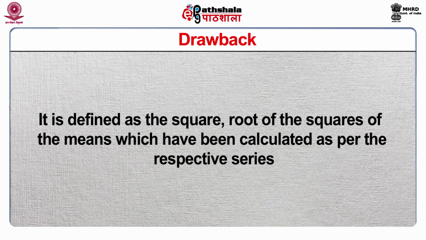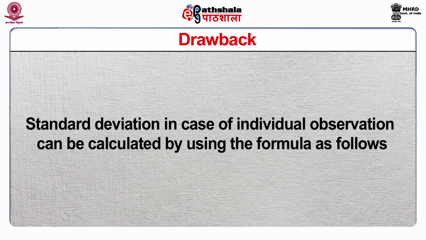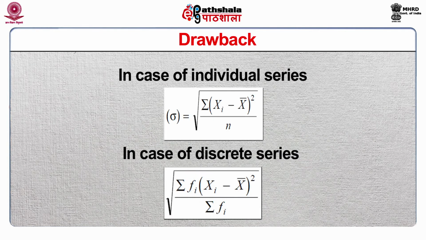It is defined as the square root of the mean of the squares of deviations calculated as per the respective series. Standard deviation in case of individual observation can be calculated by using the formula as follows.